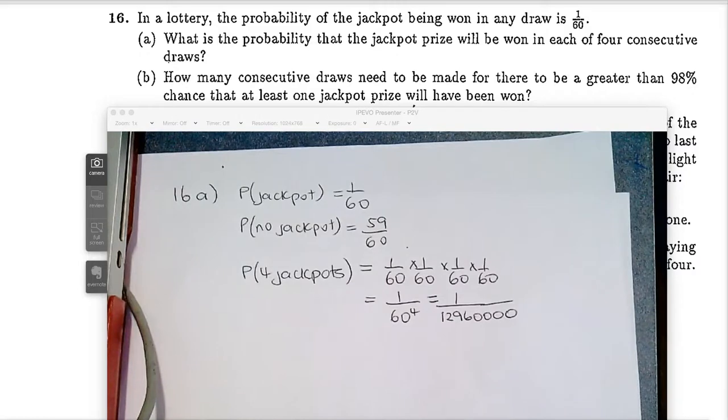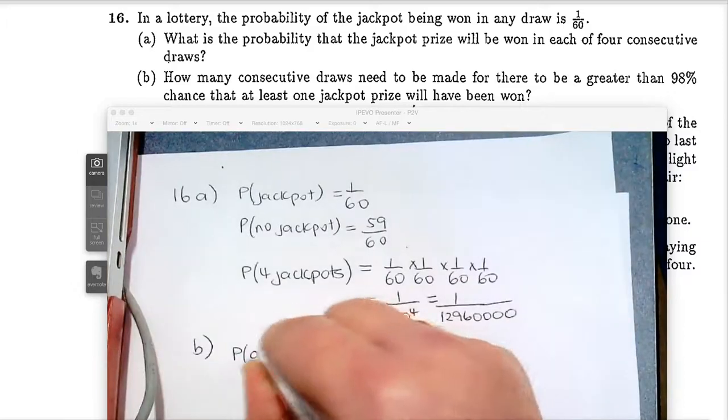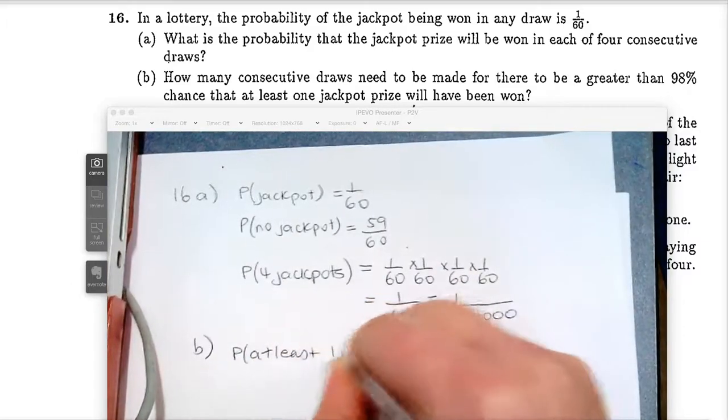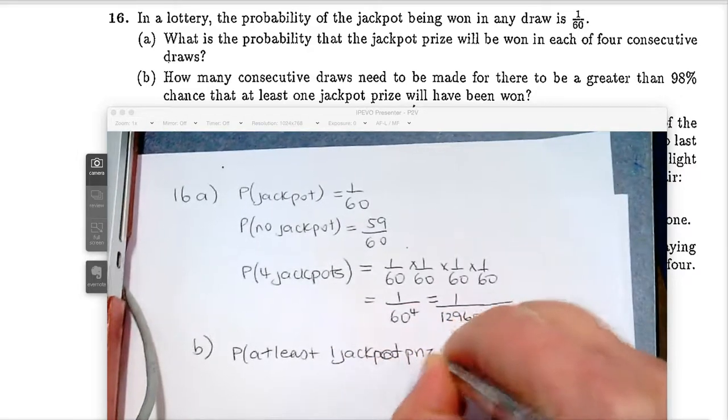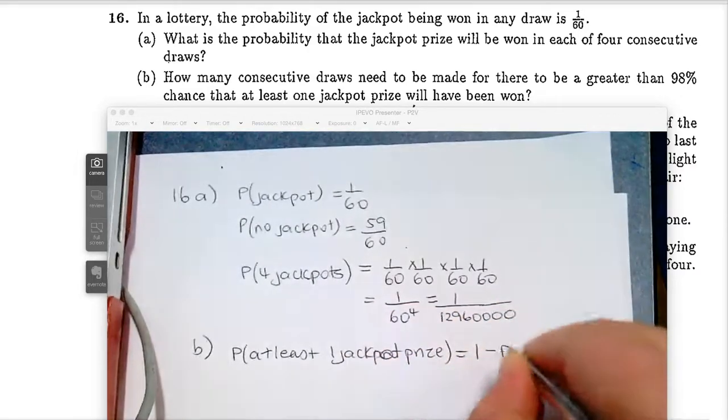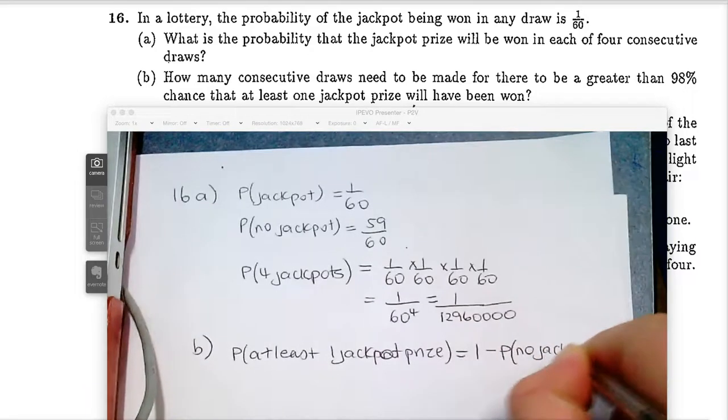Girls, how many consecutive draws need to be made for there to be a greater than 98% chance that at least one jackpot prize will have been won. They just want one. Okay, now, just one sec. The probability of at least one jackpot prize is 1 minus the probability that there are no jackpot prizes.